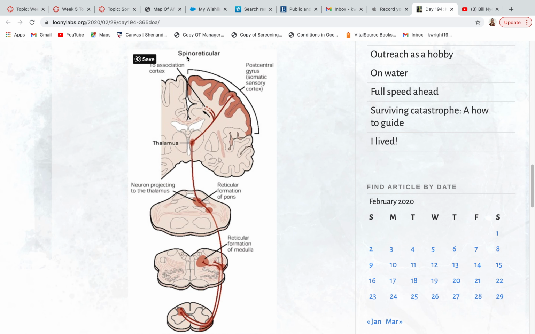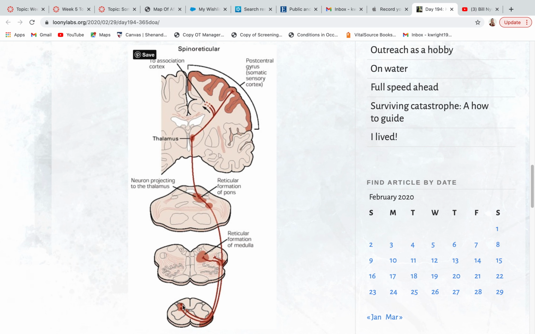This is a picture of the spino-reticular tract. However, that tract and the spino-emotional tract are both ascending. So I just want you guys to pay attention to the fact that these red lines are going up to your brain and into your thalamus, because that's the takeaway from this picture.